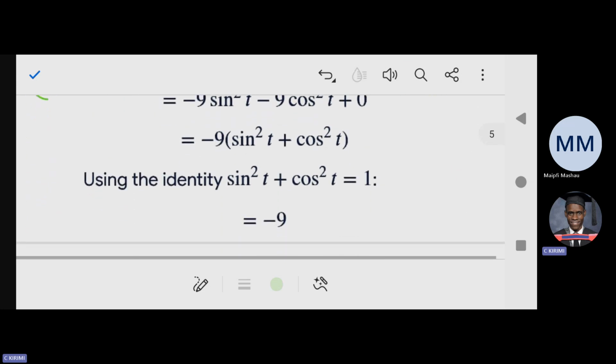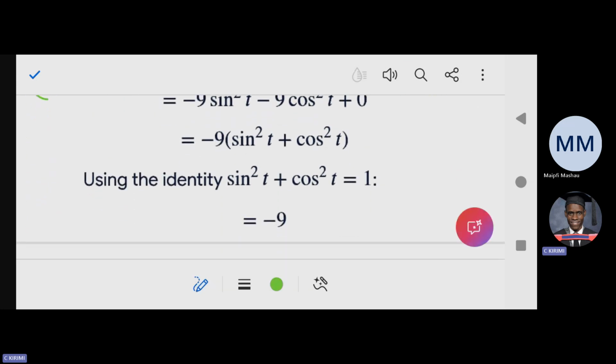Negative 9 is this value: F as a vector multiplied by dr, which is r prime, or it can be dr only without the prime, because r prime is equal to dr, which is that change.